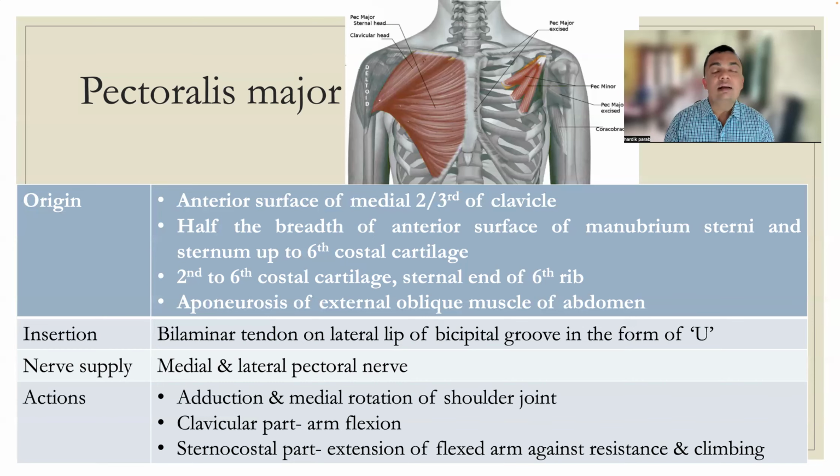Then half the breadth of the anterior surface of the sternum, from the manubrium sterni down to the sixth costal cartilage. Half the breadth of the sternum on the right side, and the same way on the left side, gives origin to the sternal head of the pectoralis major.